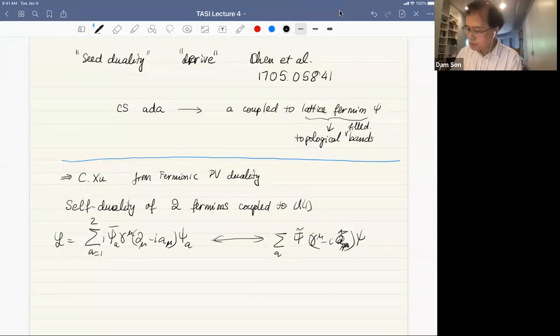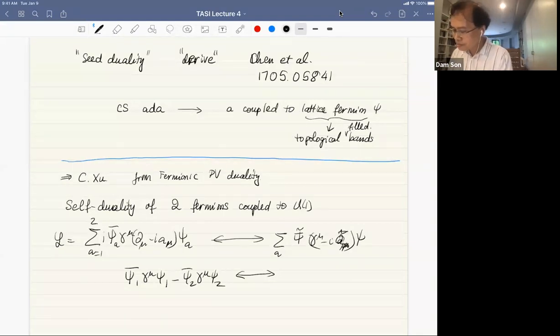And the map is between, say, for example, this operator on this side is mapped to epsilon mu nu lambda partial nu a lambda on the other side, and vice versa.